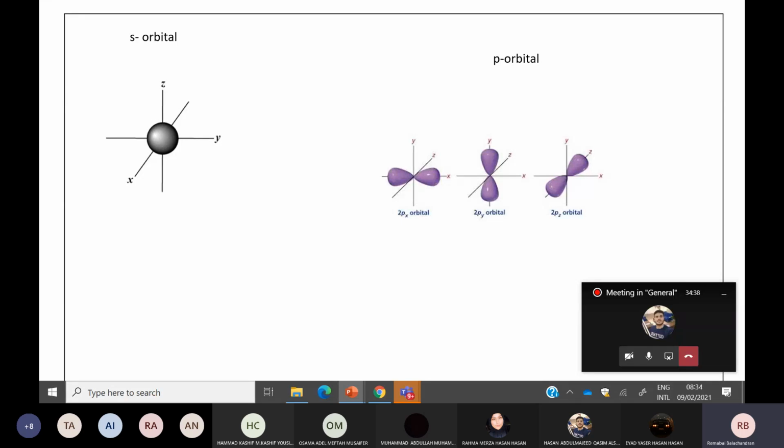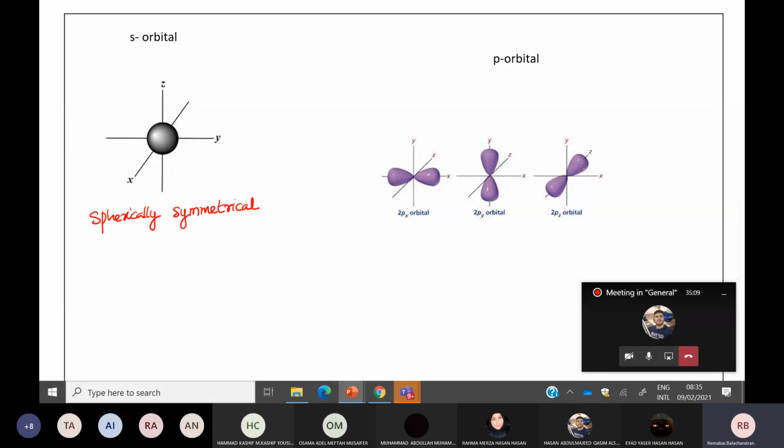These are the shapes. Can you tell me the shape of the s orbital? Spherical. Yes, it is spherically symmetrical. Now, what about these shapes?